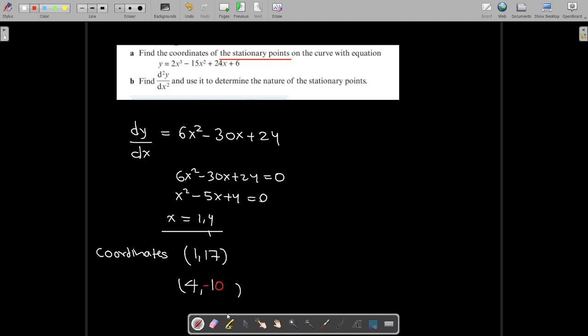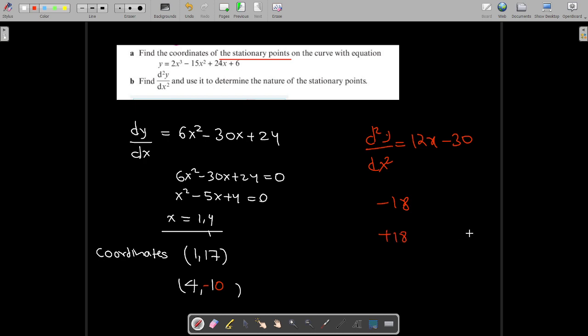Double derivation is 12x minus 30, and when we substitute the value of x in 12x, one value is -18, the other value is going to be 18.